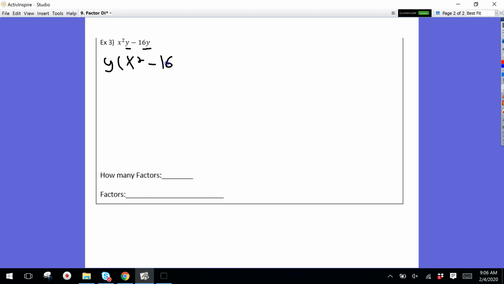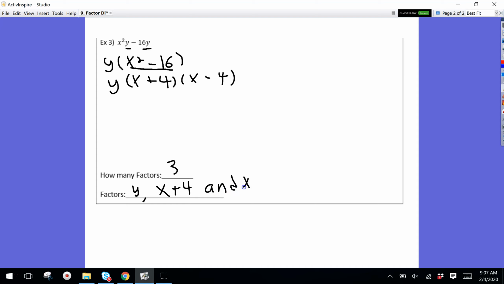Then you should notice this is the difference of two perfect squares. So again, that's going to factor into x and x, 4 and 4, with a positive and a negative. In this case, there are three factors, and my factors are y, x plus 4, and x minus 4.